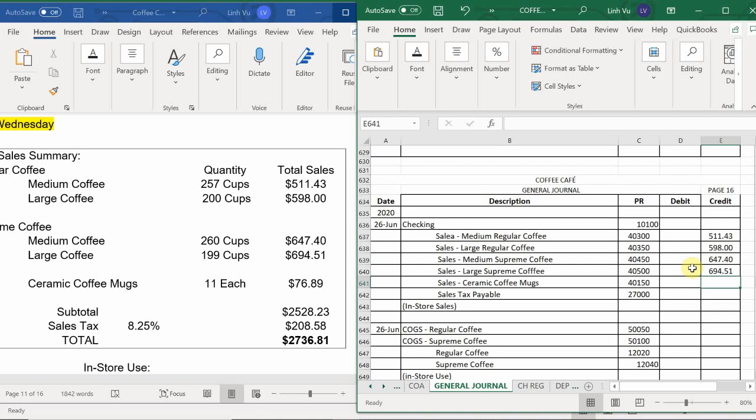Ceramic coffee mug $76.89. And our sales tax payable is $208.58. We should give you a debit in checking of $2,736.81. Okay.